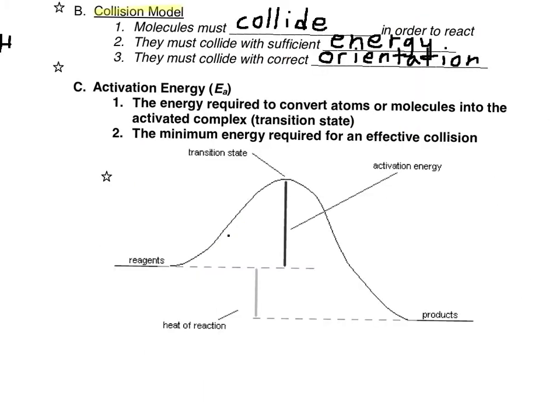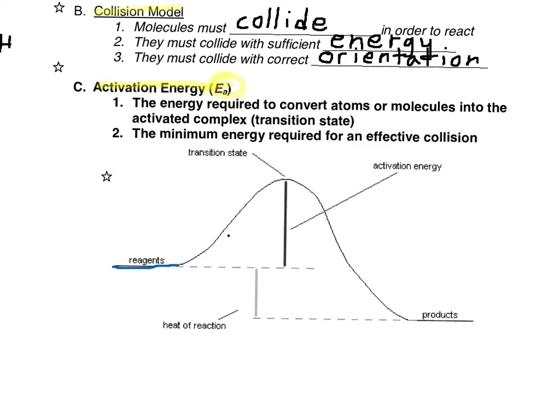For most reactions, there's a minimum amount of energy that is required for the reaction to take place, and this is called activation energy, which is abbreviated capital E, lowercase a. If you take a look at this graph right here, this is an energy graph.